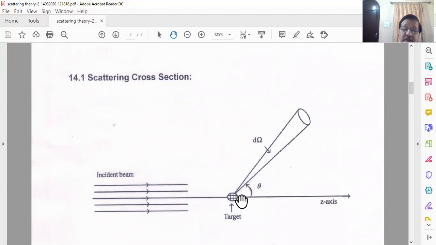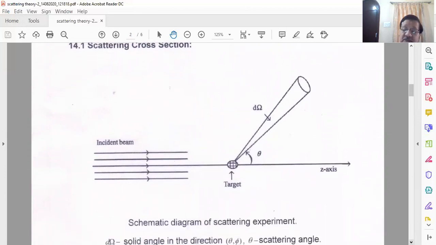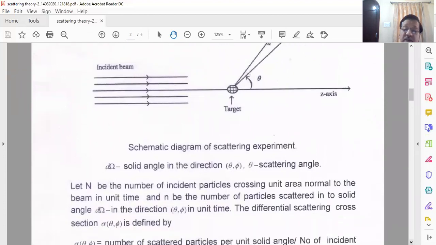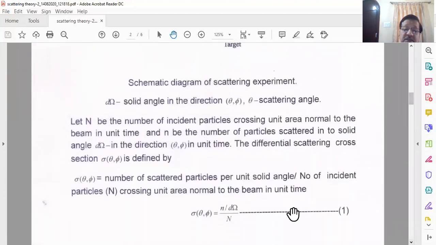The incident beam is scattered at angle theta, and we have defined the scattering cross section as basically a ratio: the number of scattered particles per unit solid angle to the number of incident particles crossing unit area normal to the beam in a unit time.